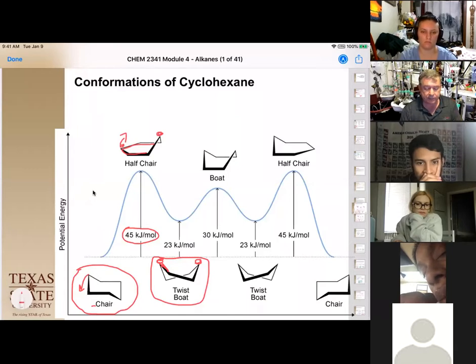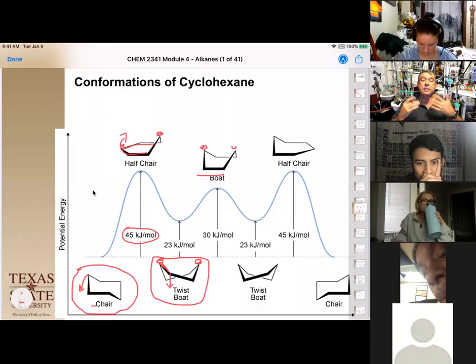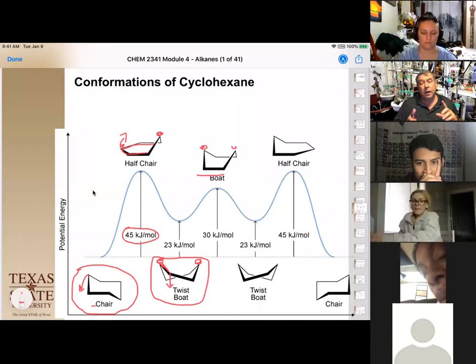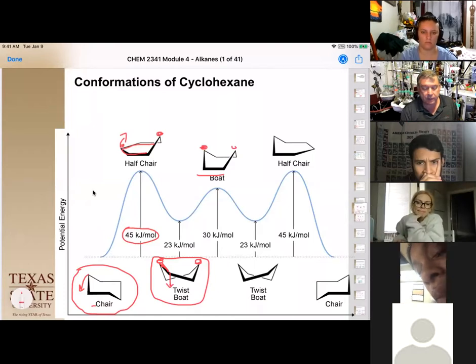The next configuration is if we flatten this out, we just move this bond down, and we get what we call boat. You have 2 carbons up and then 4 carbons down forming the base. This is higher energy than the chair, and also higher than the twist boat, because now this carbon and this carbon are in the eclipsed form, which causes it to be higher in energy.